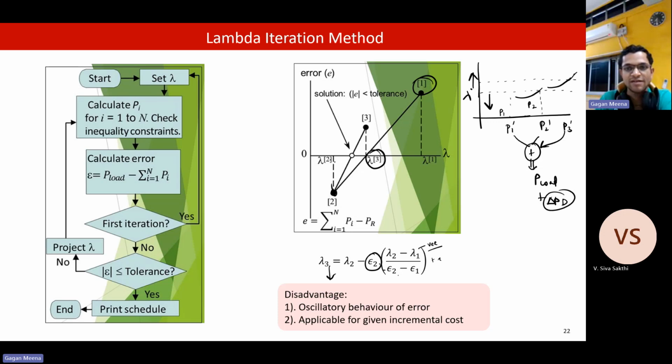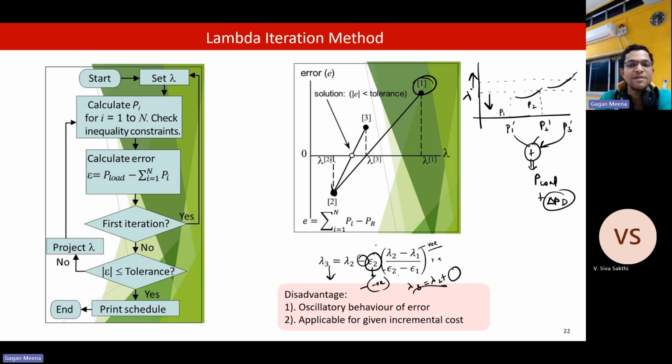I forgot this side. E2 is negative, so this is negative, this is positive. So negative into positive becomes negative. Then one more negative is here, so this becomes negative. Overall, this becomes positive, and negative into E2 negative becomes positive. So lambda 3 is lambda 2 plus some quantity. Lambda 3 is more than lambda 2. That we can see here.